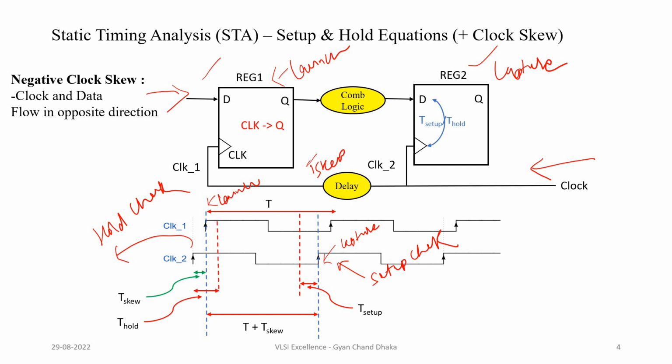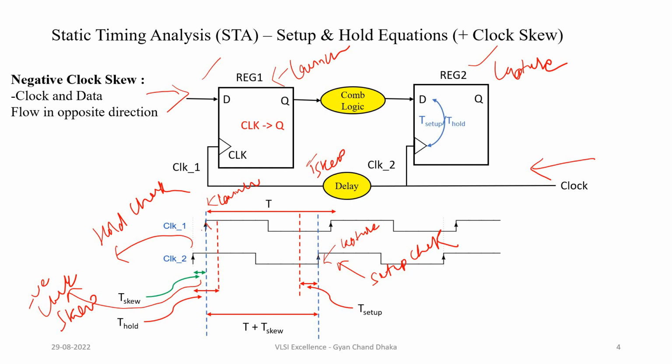Right? So now if you see here, the T skew delay is coming from the capture flip-flop towards the launch flip-flop, in this direction. So this is nothing but our negative clock skew. In other words, data is launched at this clock edge and captured at this clock edge.